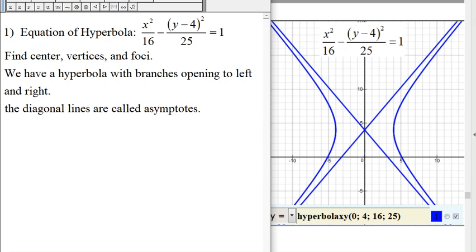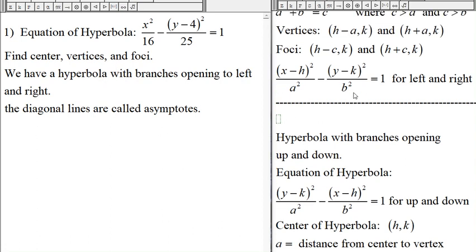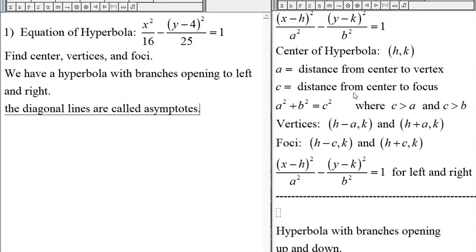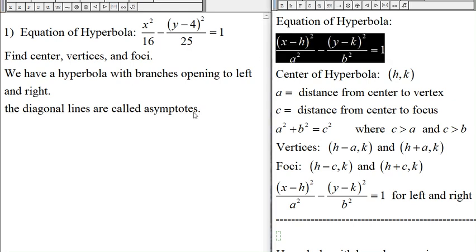Asymptotes. So now that we know the branches open to the left and right, we would use this set of formulas to find the vertices and the foci. And so the equation would be of this type.